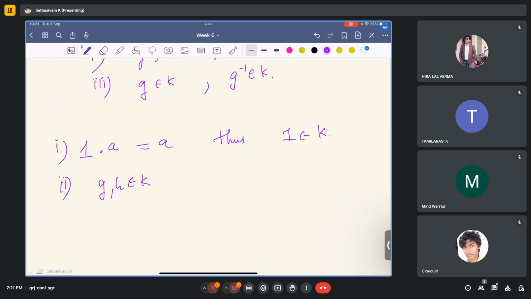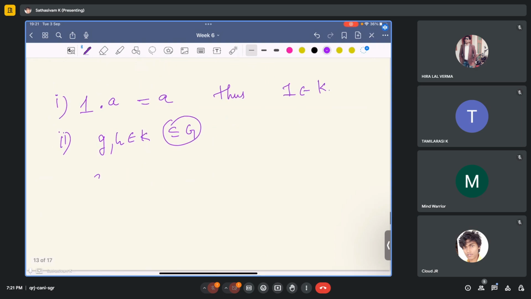Okay. So this K is a subset of G, and we want to show it is a subgroup. You will recall what G belongs to K means.